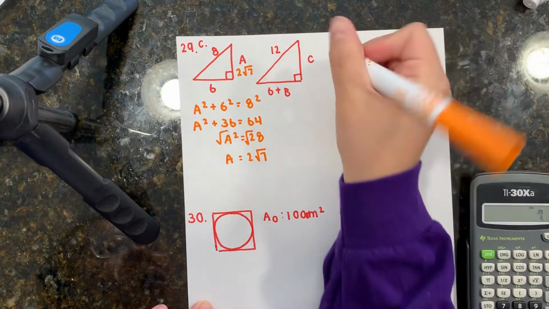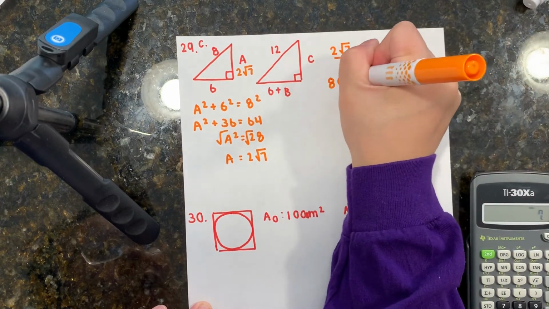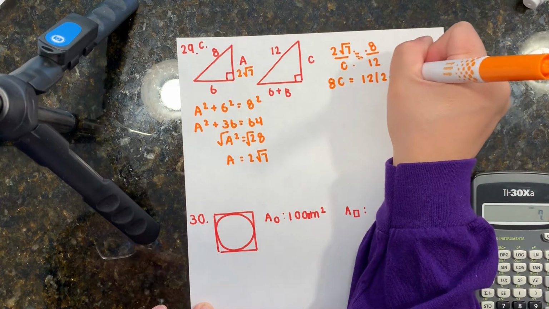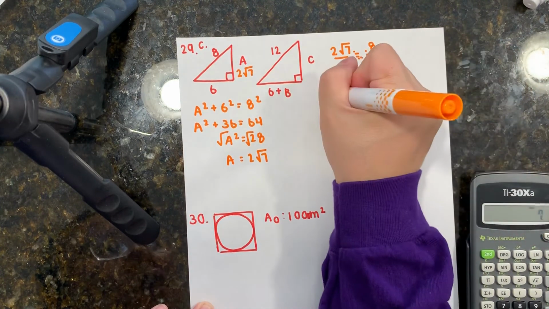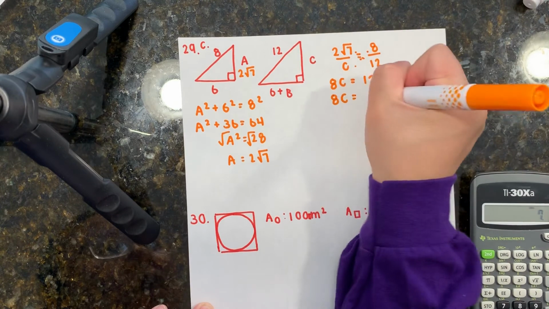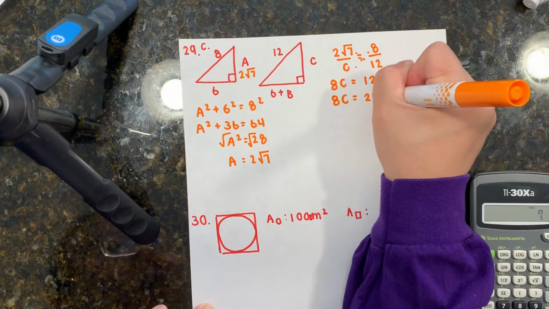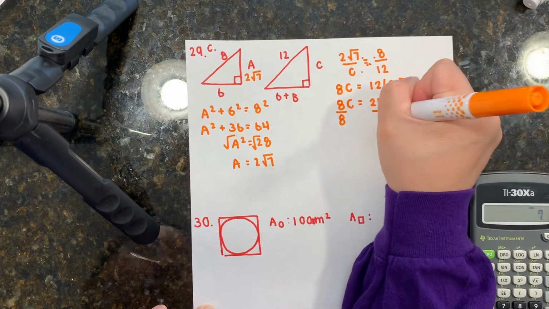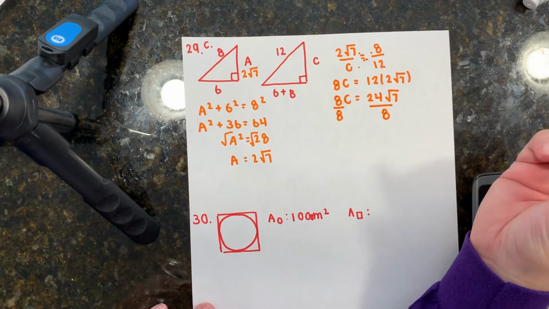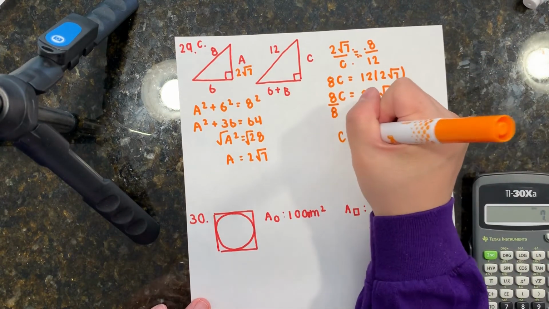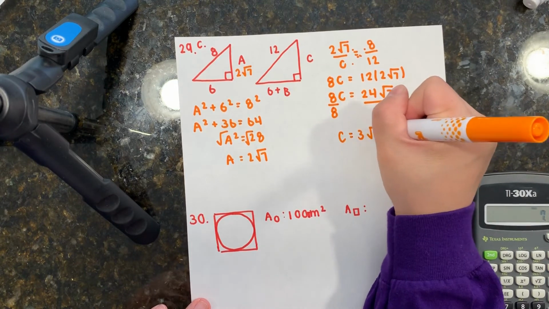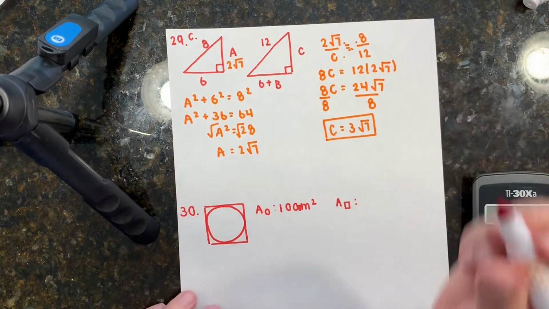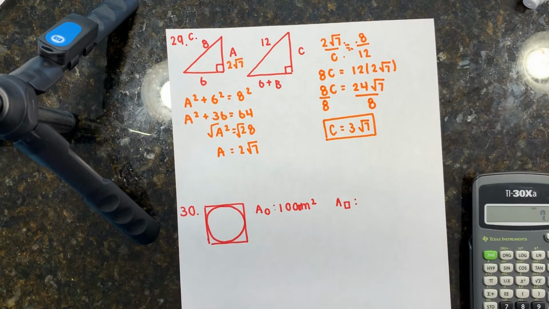Cross multiply would give me 8C equals 12 times 2 root 7. And when I multiply that, I would get 24 root 7, all divided by 8. 8 does go into 24, so C would be equal to 3 root 7. So you had to solve for A in order to solve for C on number 29.